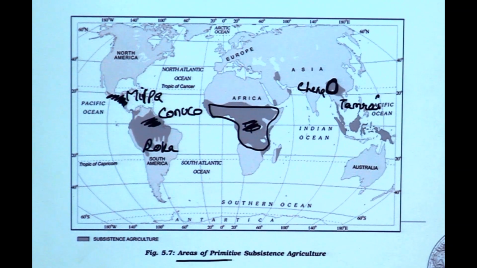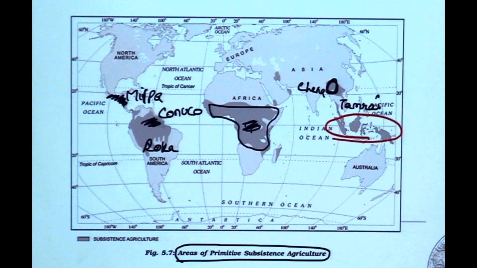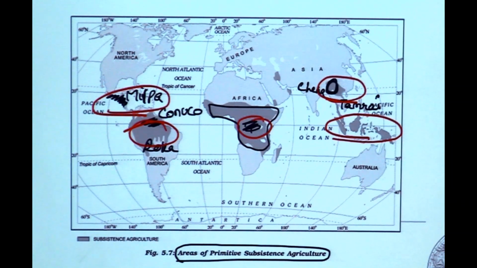So the areas of primitive subsistence agriculture are essentially the wetter type of climate. Remind yourself of the climatic regions. I am essentially in equatorial climate. Combined with it, I am essentially in monsoonal climate.